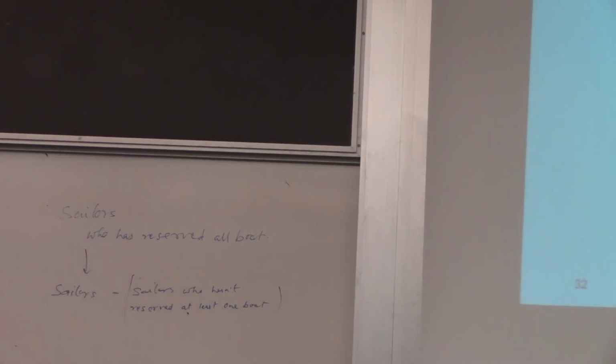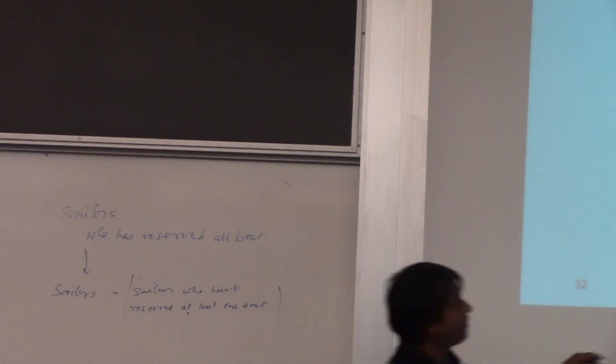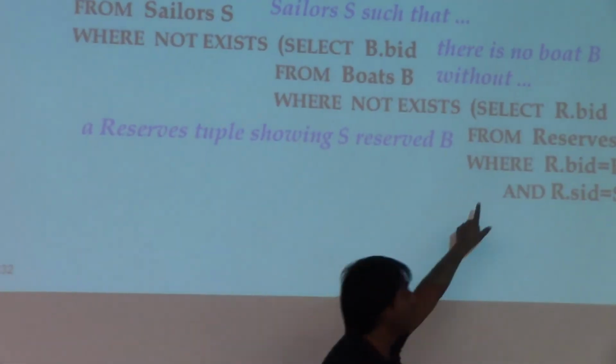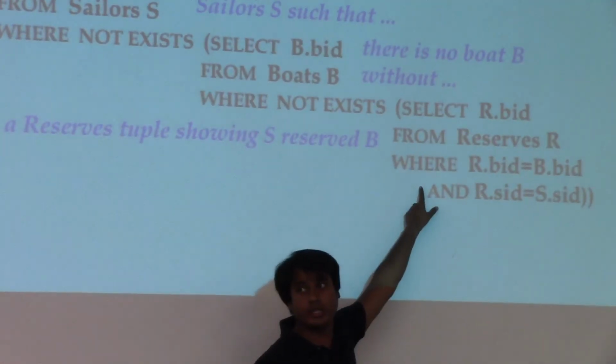This part. If you see this part, select R.BID from Reserves R where R.BID = B.BID, it exactly says what are the boats that the seller has reserved.